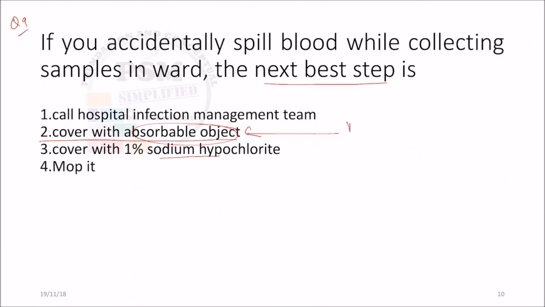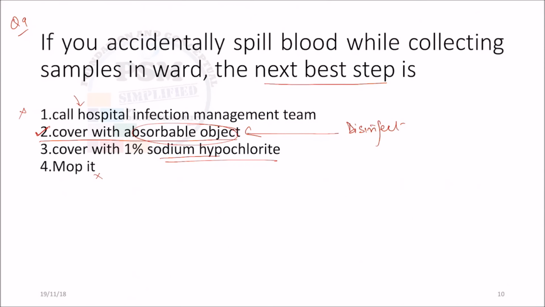You will send this object for disinfection, and the floor would be disinfected with a hypochlorite solution. So I would like to go with option number 2. Of course, you're not going to waste time calling the hospital management team or mopping, which are absurd options. So the best option would be to cover with an absorbable object. That will be the next best step.